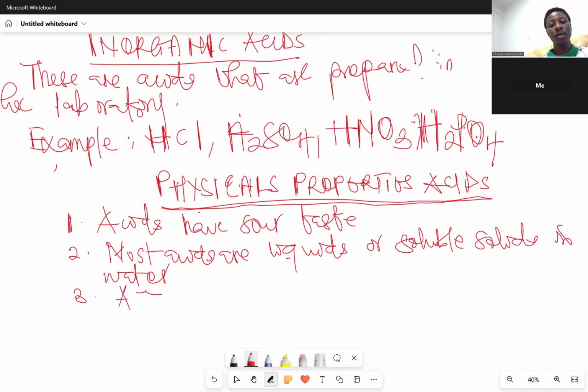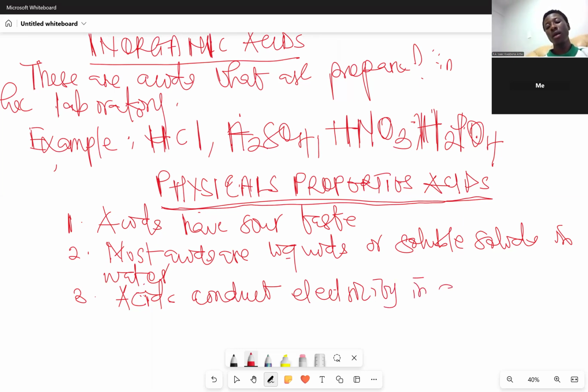Acids conduct electricity in aqueous solution.